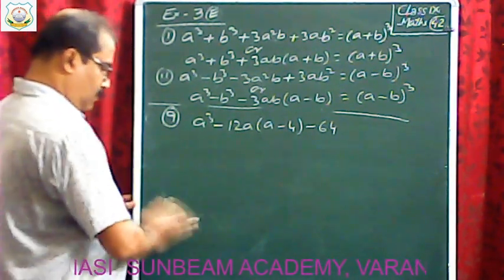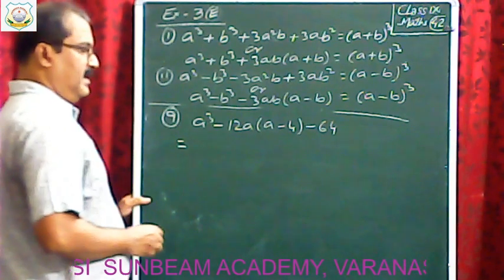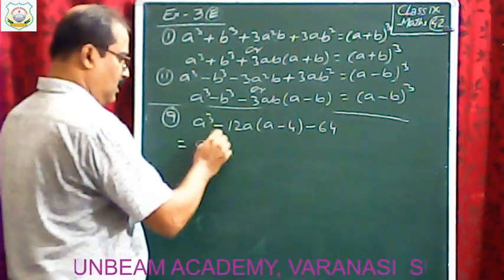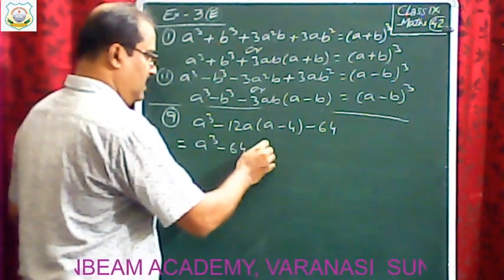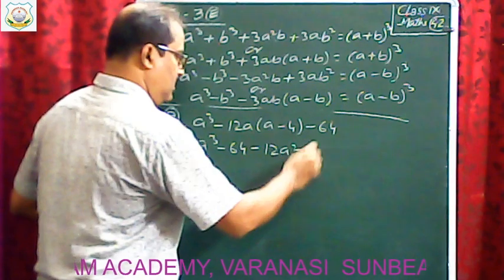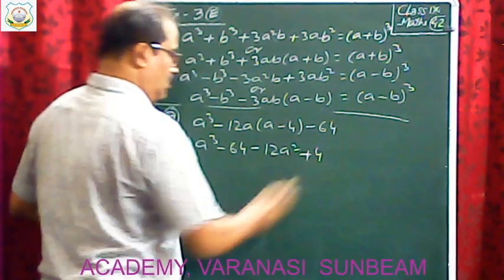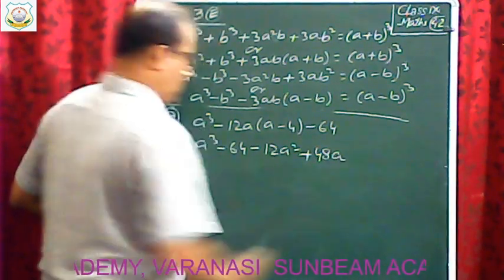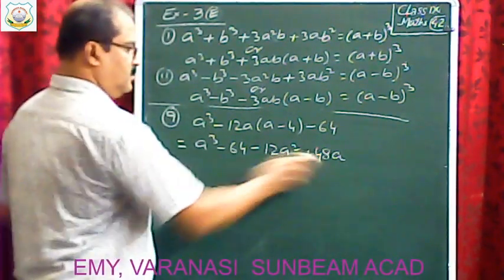So accordingly you have to rearrange and open the bracket. a cube minus 64 minus 12 a into a, so 12 a square, minus minus plus, 12 4 is 48a. So again we get 4 terms.